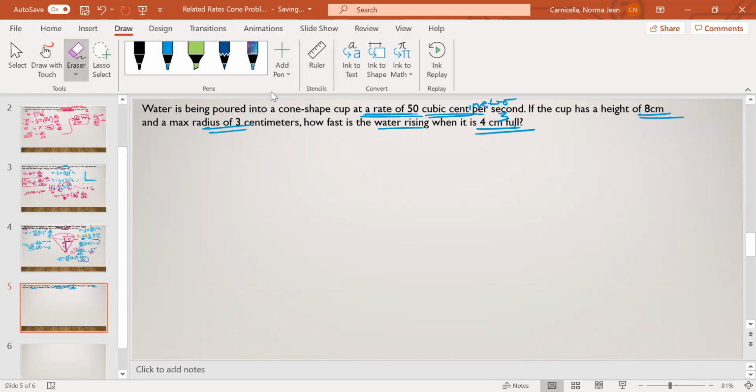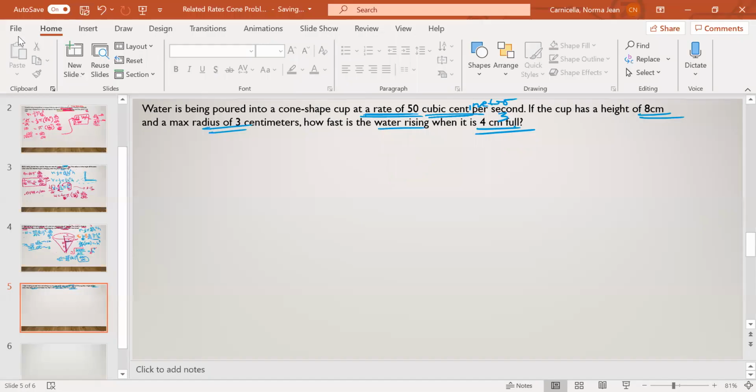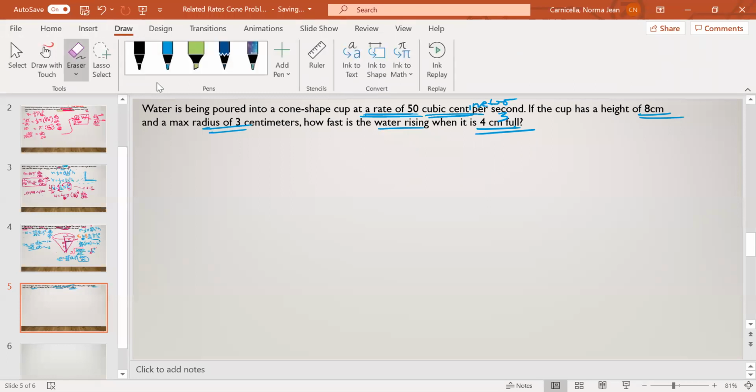You should already be starting. And we know centimeters cubed. It's going to be dV/dt. So I'm going to draw this.